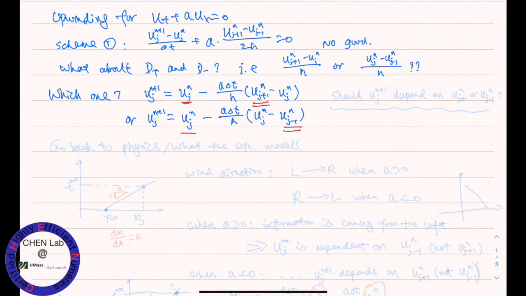So if we were to choose between these two, the question becomes, should u_j^{n+1} depend on u_{j+1}^n or u_{j-1}^n? So we go back to the phenomenon that is modeled by the PDE, by the equation, and see which one should be a physically correct choice.